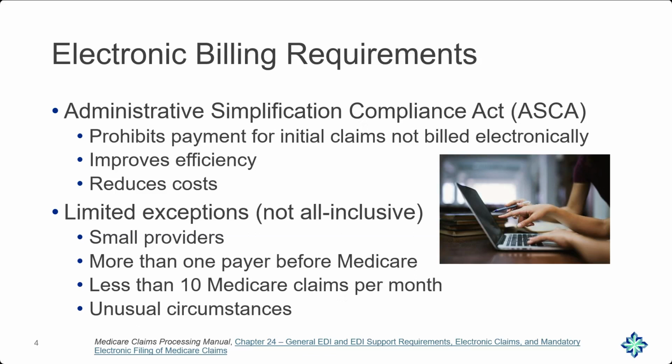CMS says that providers are to self-assess. So it's up to you as the provider to determine if you meet one or more of the situations that CMS lists as an exception to that electronic billing requirement.